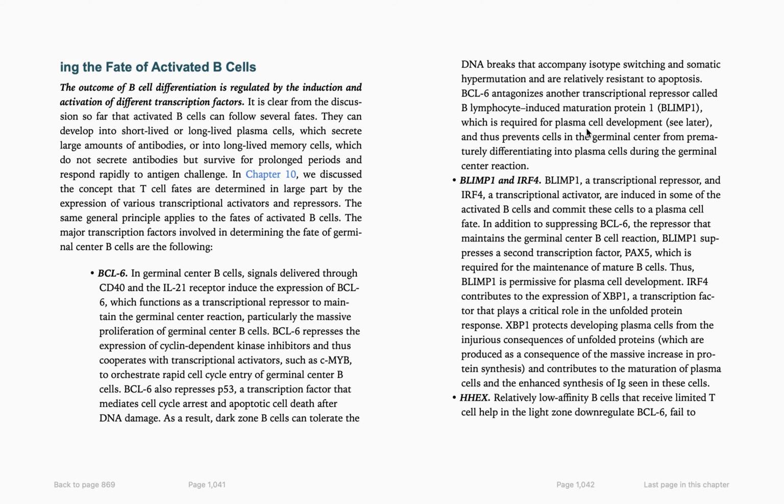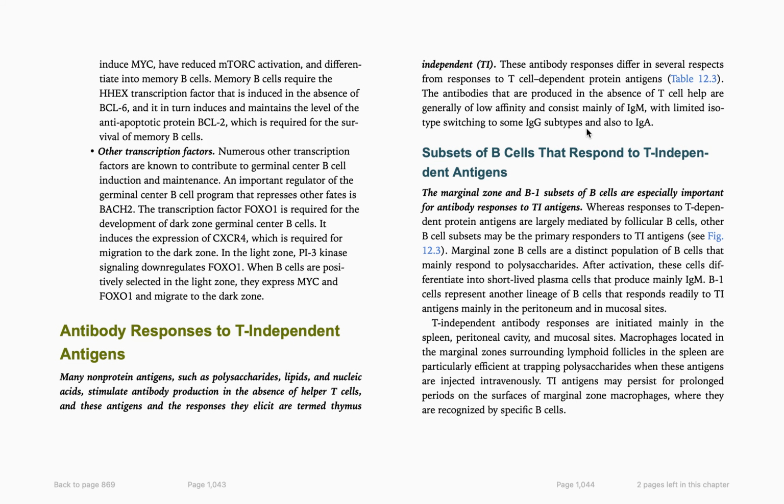HHEX. Relatively low affinity B cells that receive limited T cell help in the light zone downregulate BCL6, fail to induce MYC, have reduced mTOR activation, and differentiate into memory B cells.